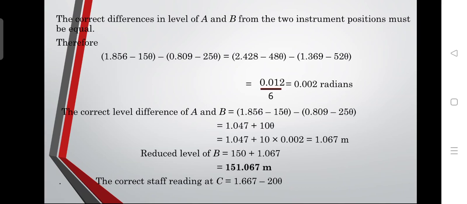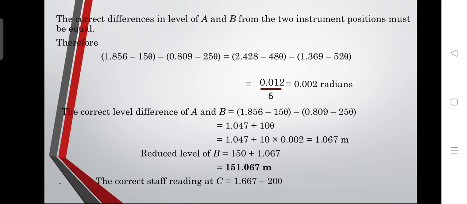This is the correct level difference between A and B. The reduced level of B comes out to be the elevation of A plus the correct level difference between A and B, that is 150 plus 1.067, which comes out to be 151.067.